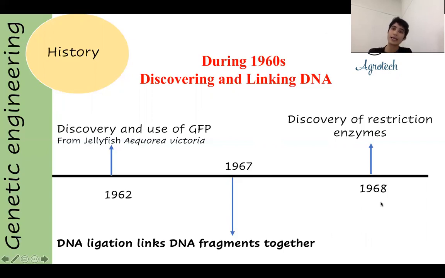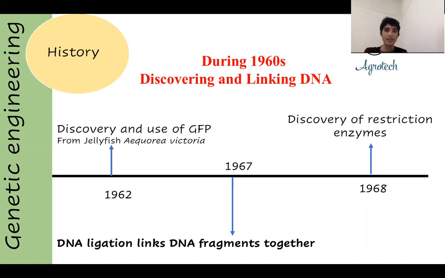Before going to the 1960s, I would like to give you information about what happened in the 1950s. During the 1950s, Watson and Crick developed a model of DNA. And in the same era, scientists prepared synthetic DNA in a test tube.